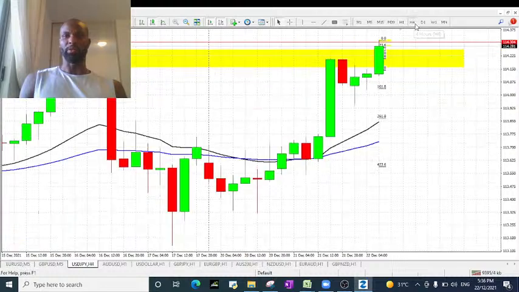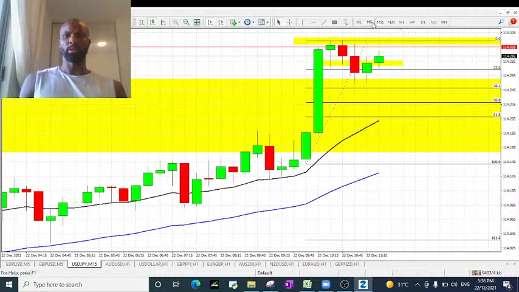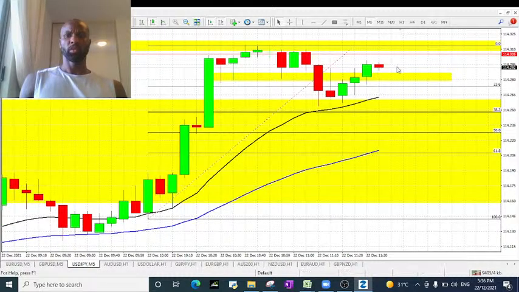So when you trade, you have to watch all the time frames. See what the market is doing. Try and put the pieces all together.